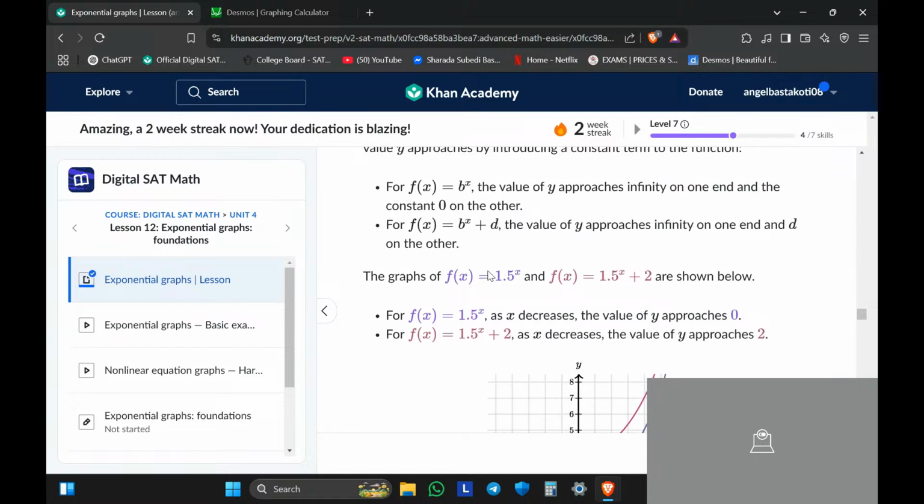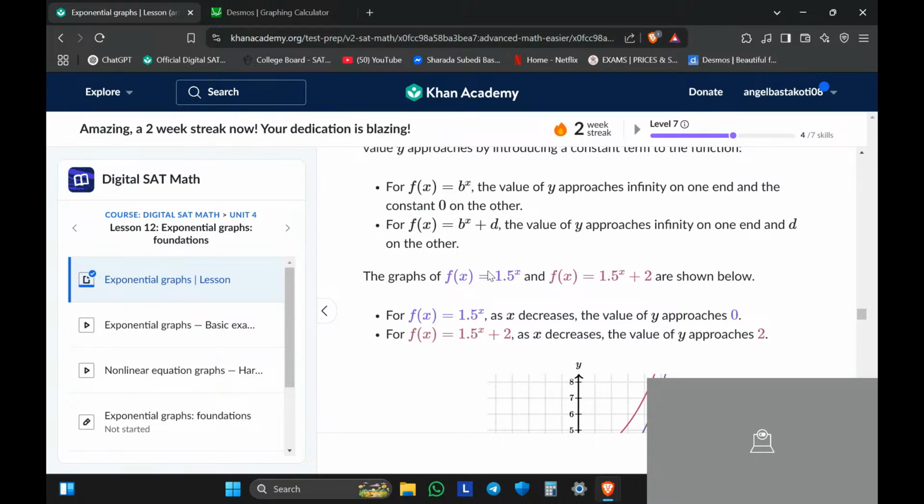For f of x equals b to the x, one end approaches infinity and the other end approaches zero.